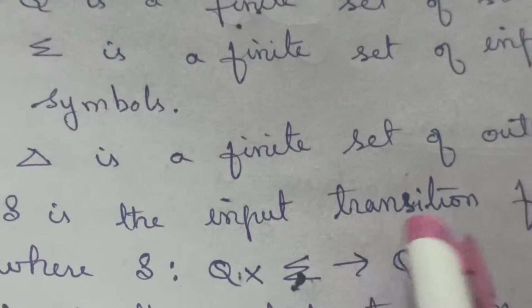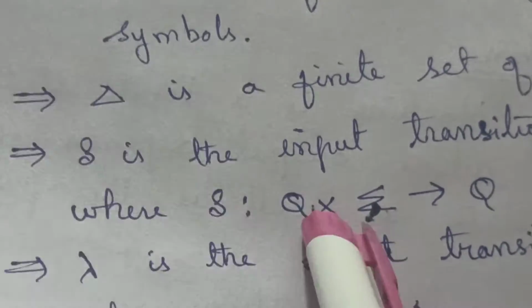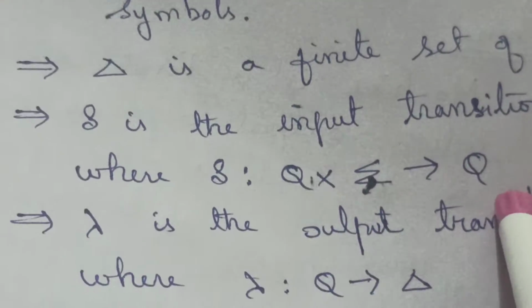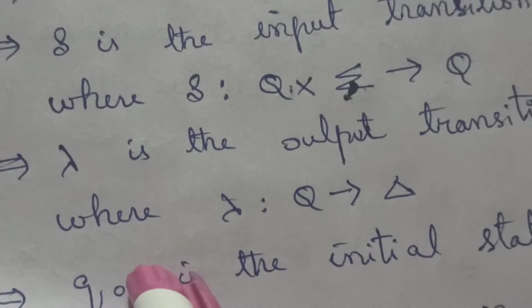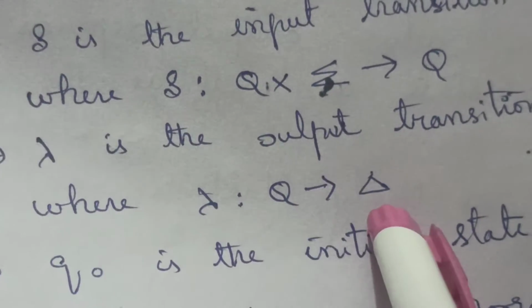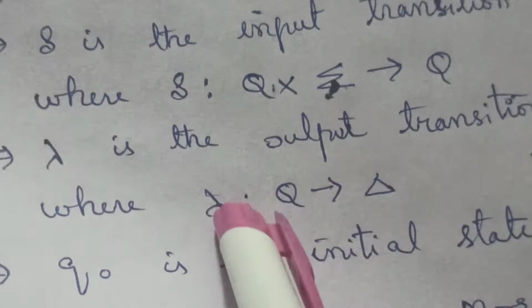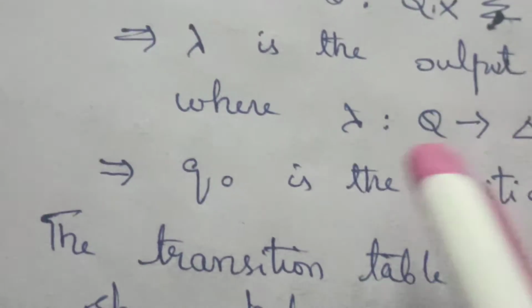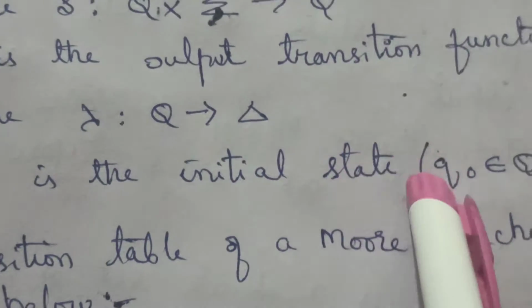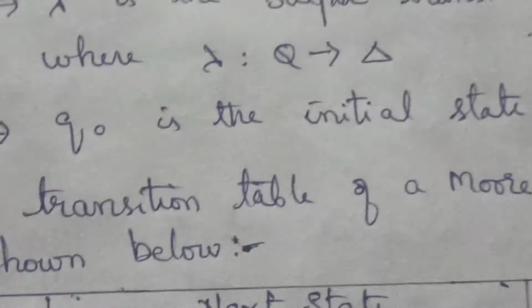Del is the input transition function where del maps Q cross sigma to Q, and lambda is the output transition function where lambda maps Q to delta, and Q naught is the initial state where Q naught belongs to Q.